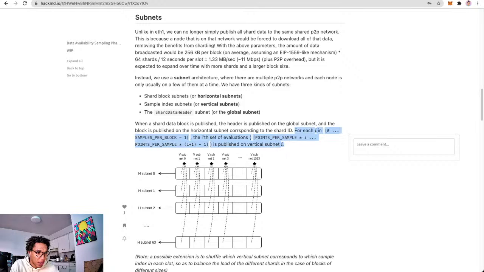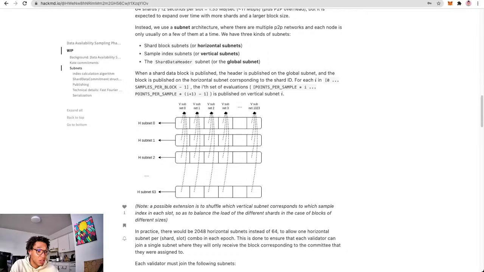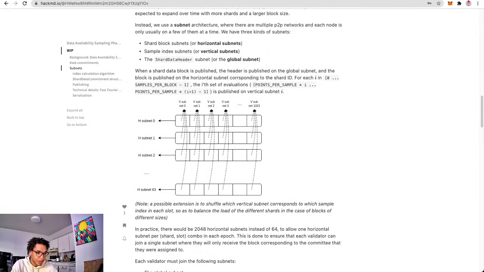So the evaluations are on the vertical subnets. Here you have your vertical subnet at the top, where you get your evaluations. The horizontal subnets are all your blocks going down the left-hand side of the graph. And the shard data header and the global subnet, I don't see it on the graph, but yeah.